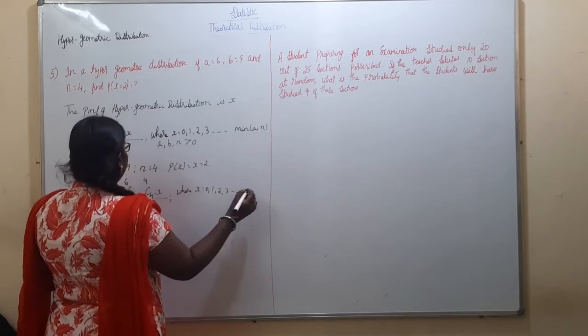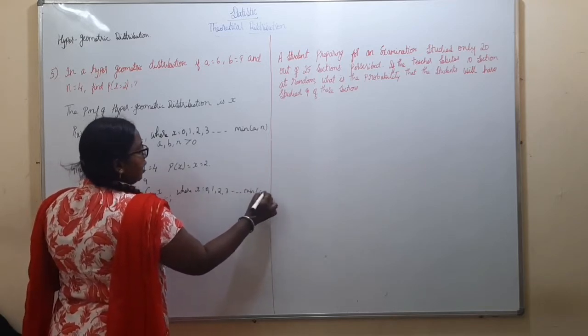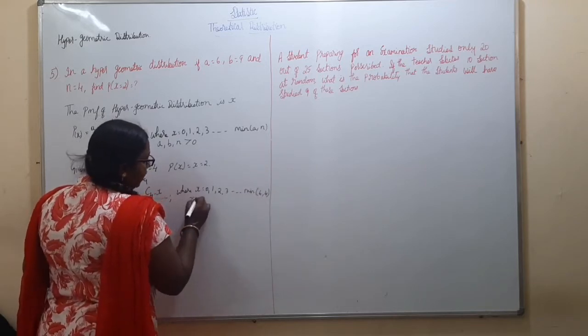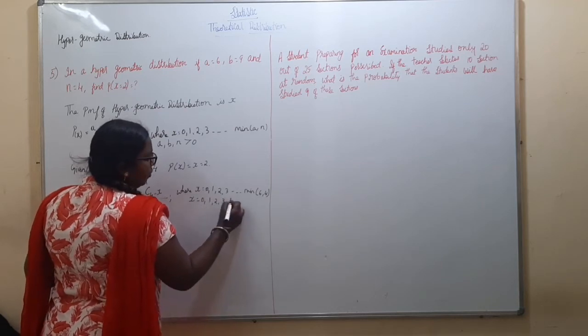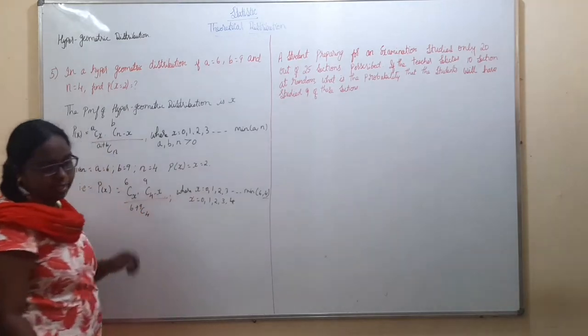The minimum of A and N, where A is 6 and N is 4, so x is equal to 0, 1, 2, 3, 4. So the minimum term is 4 here, we will be taking that.